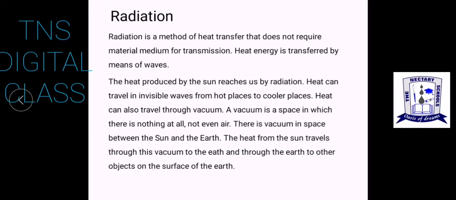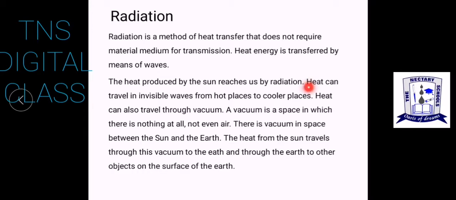This way of feeling the hotness of the sun is by radiation. The temperature at the surface of the sun is over 6,000 degrees Celsius. That means nothing can survive on the surface of the sun.